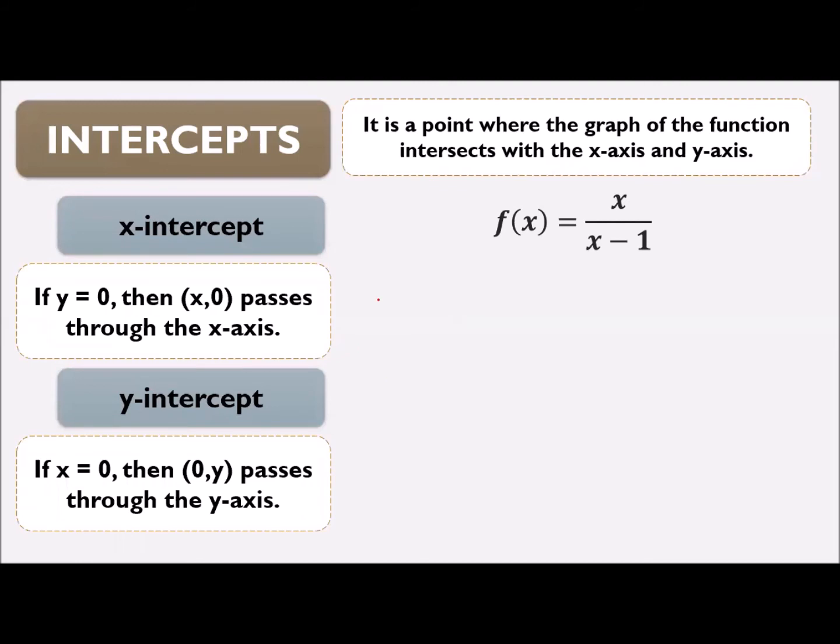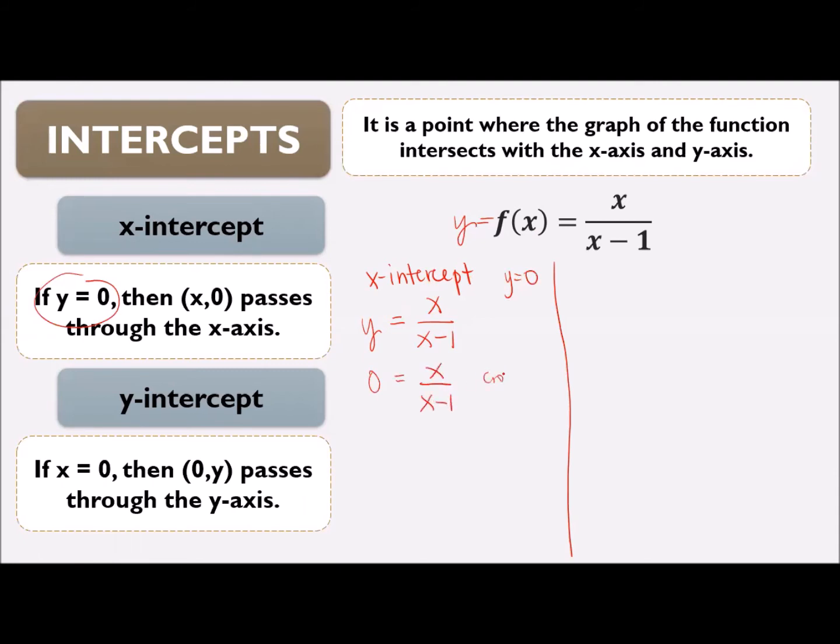so let's start first with the x-intercept. Okay? So, instead of writing f of x, we will write it as y. Okay? So, equal siya kay y, ha? Remember that. x over x minus 1. X-intercept, sabi, y is equal to 0. So, lahat ng y palitan ng 0. And then, x over x minus 1.